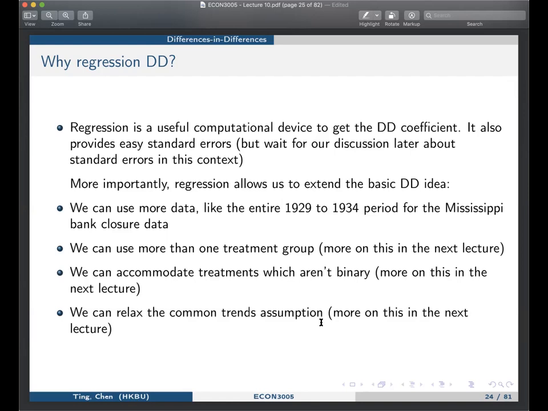But in the regression framework, we can relax this common trend assumption by adding more controls. We also will talk more about this in the next lecture. Actually, not lecture, in the next section, I will show you why this regression framework is so nice. It gives us so much flexibility to accommodate all this variation and extend our basic framework of DD.